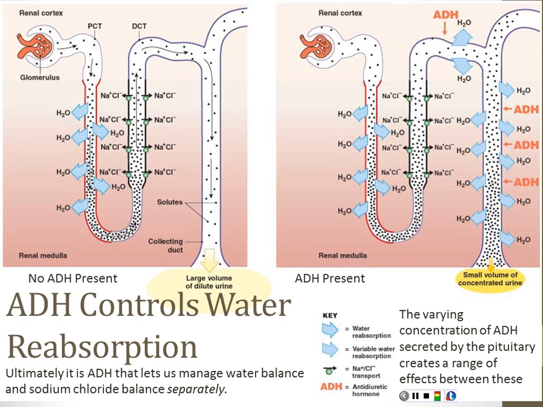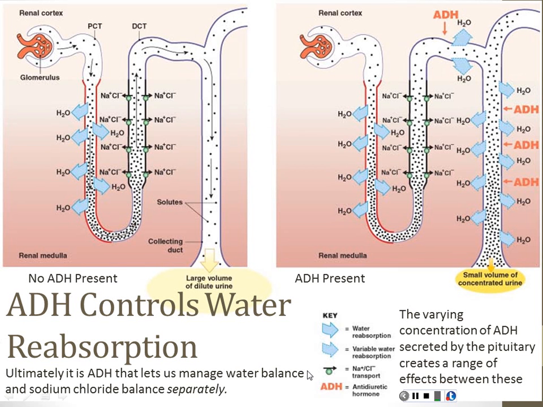We don't drink water that is pre-salted. If we didn't have ADH, we would have to. Our drinking water would always have to have the right concentration of salt in it. So because ADH affects water without affecting salt, it allows us to have salt intake that changes and water intake that changes and not have them be related.